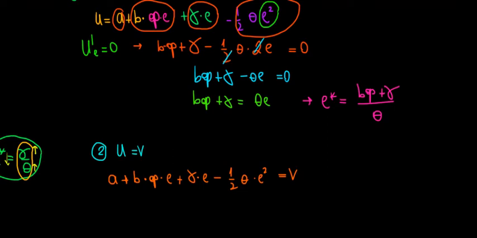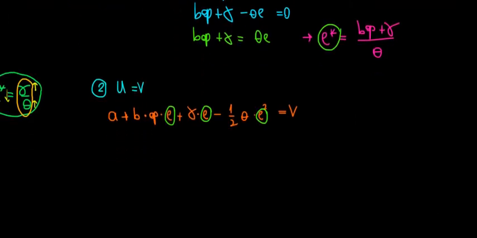Now, what we're going to do is substitute the effort level with what we calculated a couple of minutes ago. So we're going to have A plus B times theta times the effort level, and let's keep the effort level in green. So we're going to have B times theta plus gamma divided by theta. Now we go further.